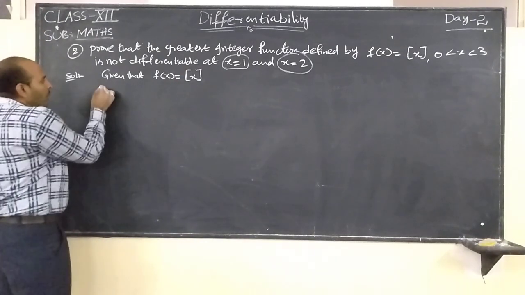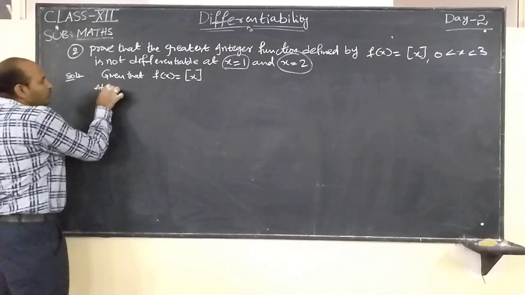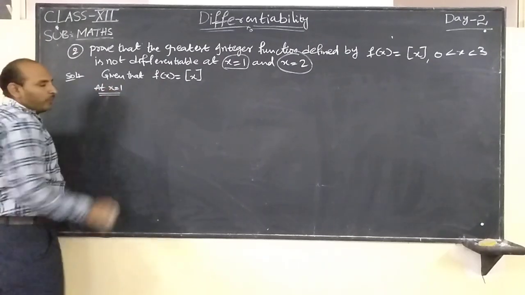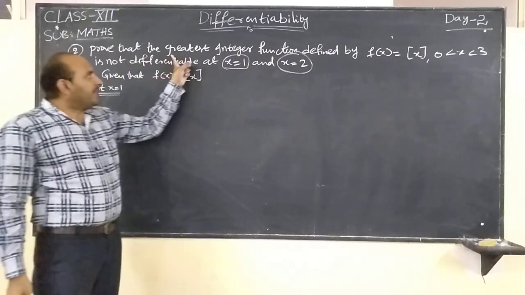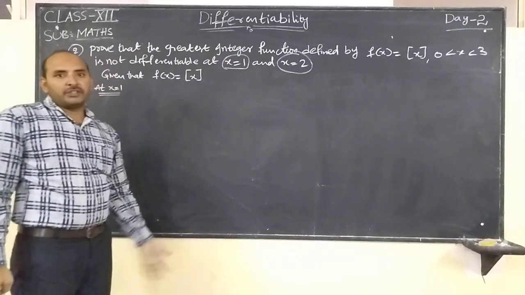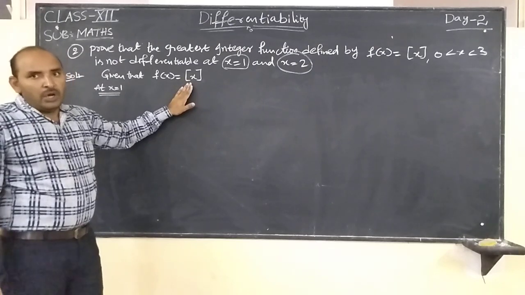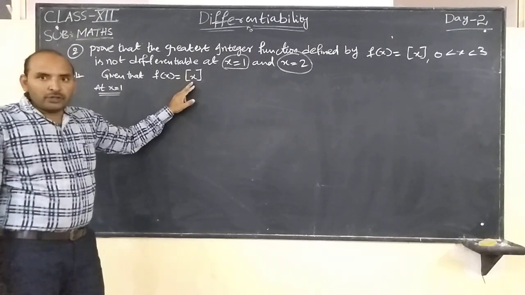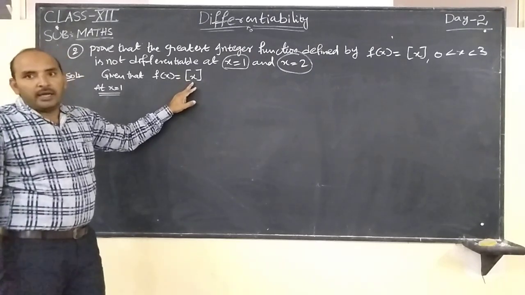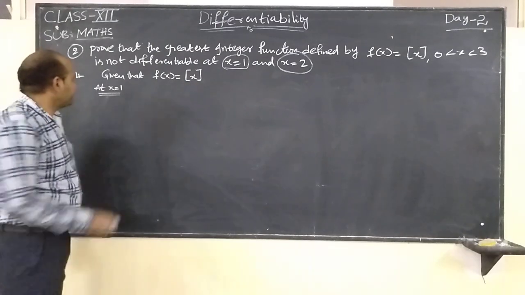So here at x is equal to 1, remember the greatest integer function is not always continuous. For this greatest integer function, the value is either equal to x or less than x.